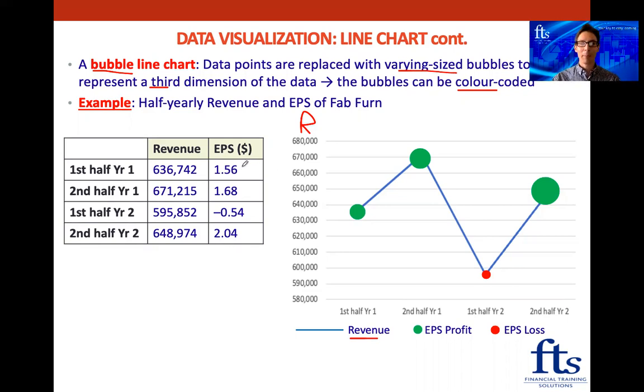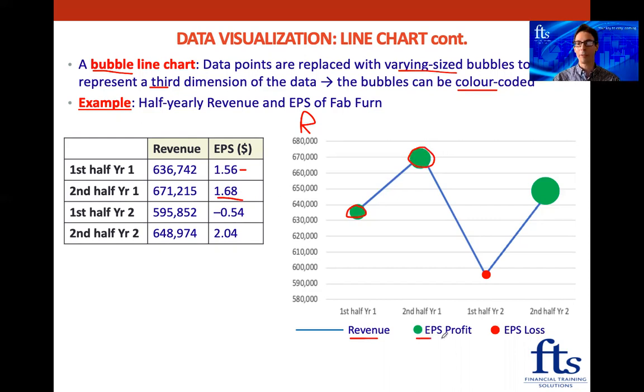And this bubble size over here, the $1.56, that's representing the $1.56. But we see in the second half of year one, the earnings per share went up from $1.56 to $1.68. So this bubble is bigger than that bubble because the earnings per share went up. So we can see that that's representing larger earnings.